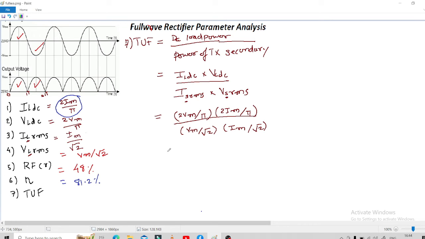Okay, now if I solve this, what we are getting is 8 upon pi square, which is equal to 81.2% over here. So this is the TUF.